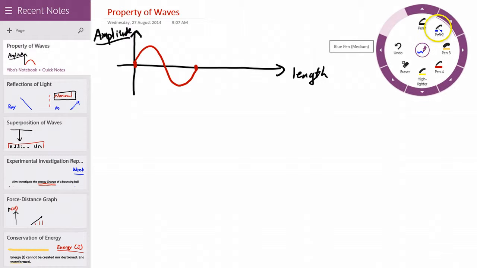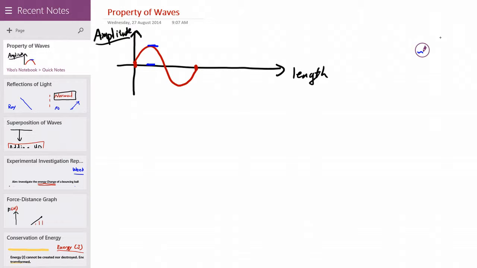Now, in this diagram, we have the amplitude of the wave. If it's a sound wave, the amplitude tells us the sound intensity of the wave. If it's a light wave, the amplitude tells us the light intensity of the wave.